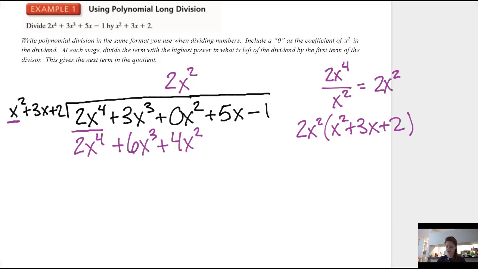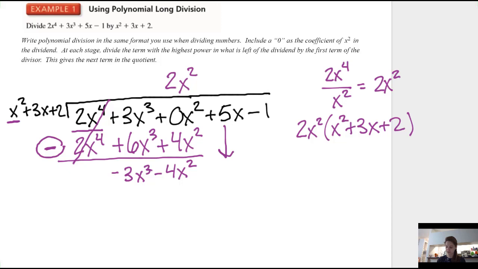And just like long division, I'm now going to subtract. I get negative 3x cubed minus 4x squared. Bring down the next term, plus 5x. And I repeat.